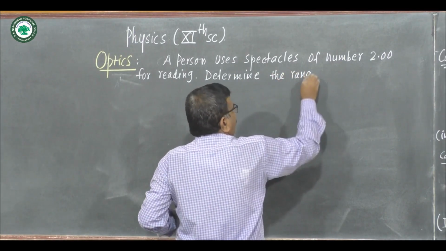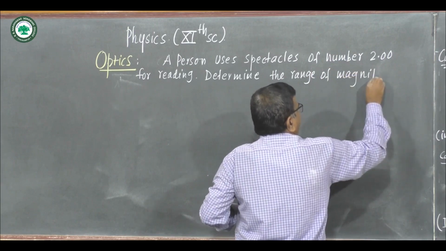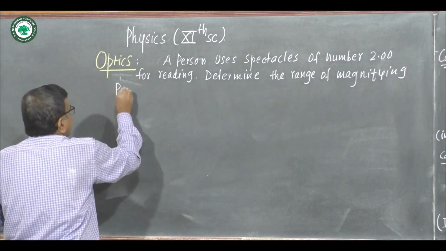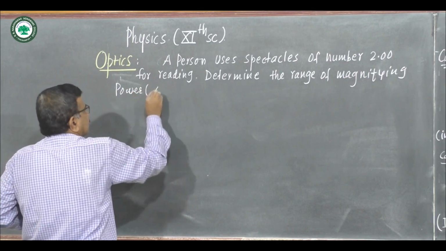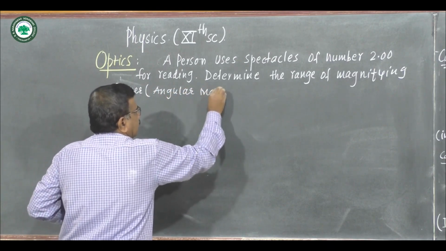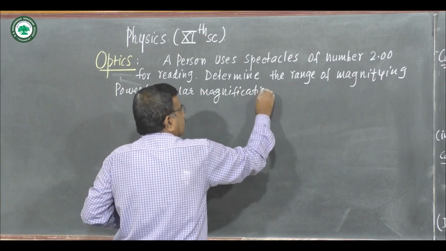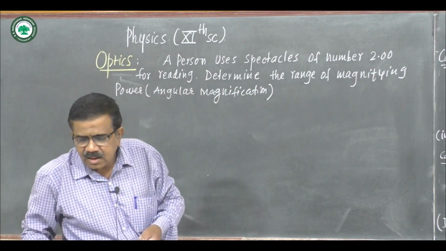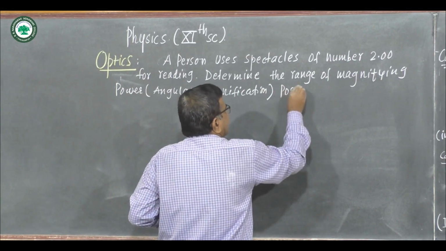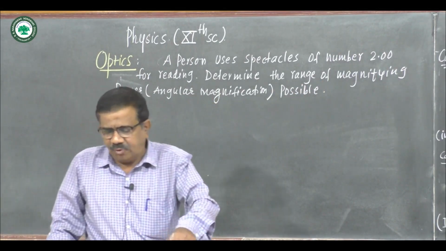The range of magnifying power, we call it angular magnification. That is the possible range, maximum and minimum values of the magnifying power we have to find.